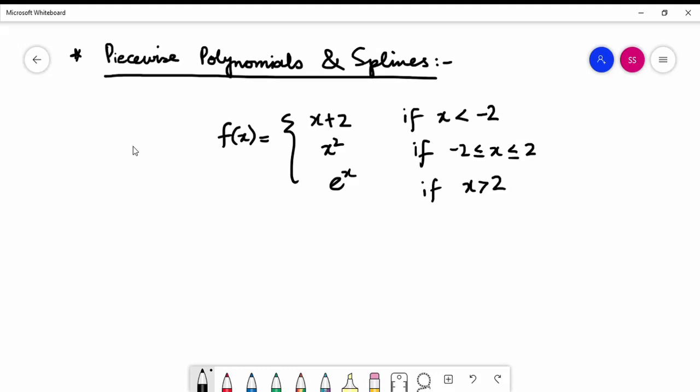So these are different kinds of functions. First is a linear function, second is the quadratic function in this interval, and third is the exponential function in this interval.